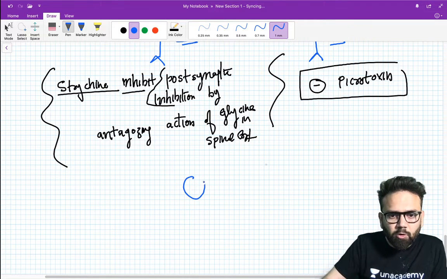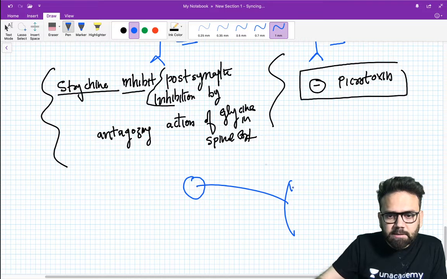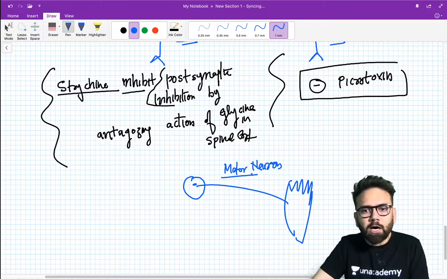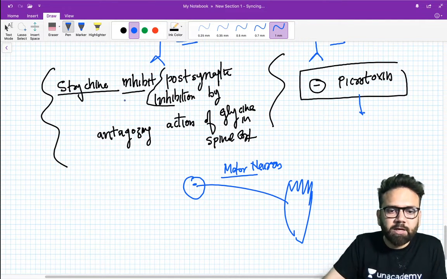If this is your motor neuron supplying your muscle, these all are types of poison which cause disturbance in your neuromuscular junction and cause sustained contraction, or they can cause tetanus.